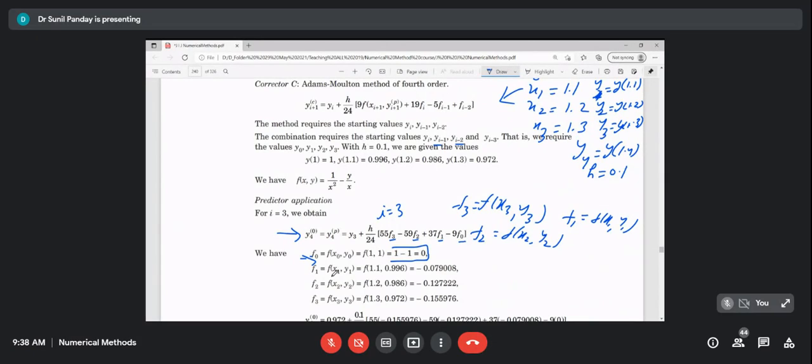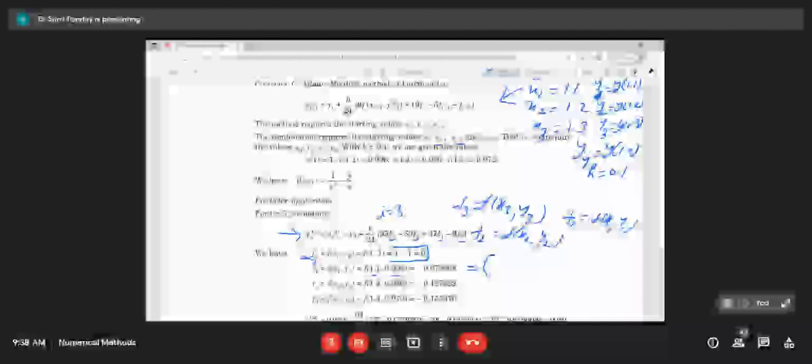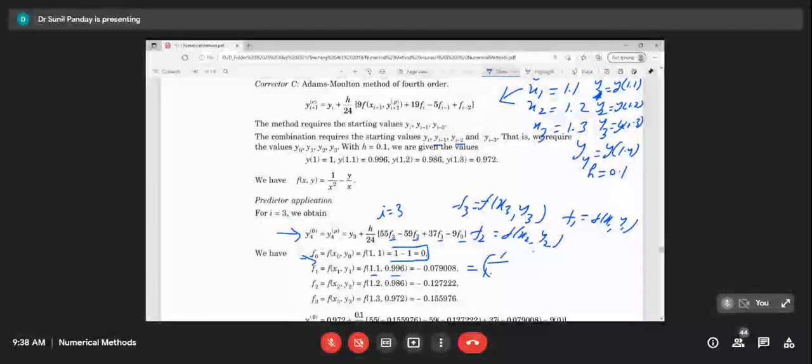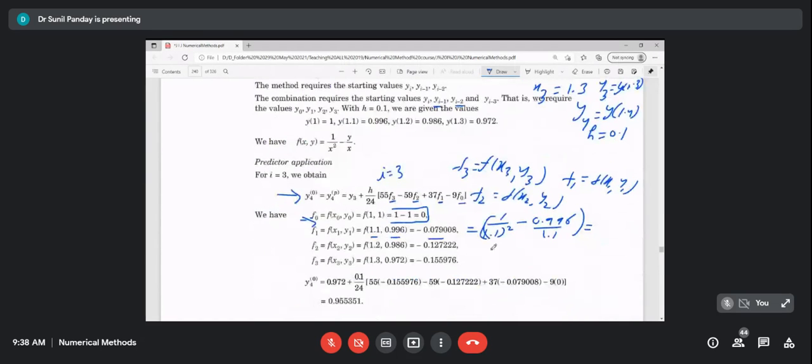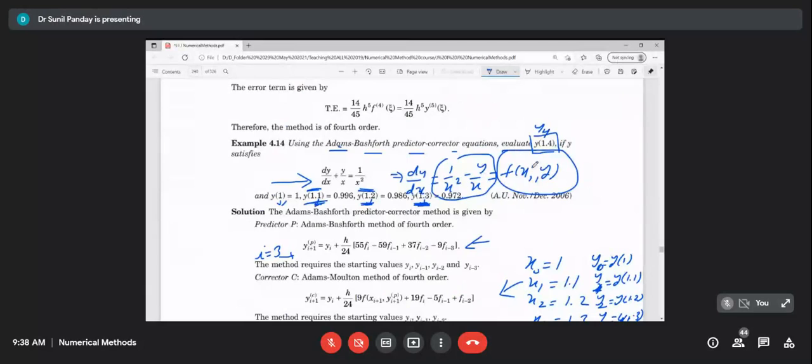Then you will calculate f1, it is x1, y1, where x1 is 1.1 and y1 is 0.996. If you substitute in this definition, you will have 1 upon 1.1 square minus 0.996 upon 1.1, and after simplification you will get this value, because you have to substitute x and y in this definition of f of xy.